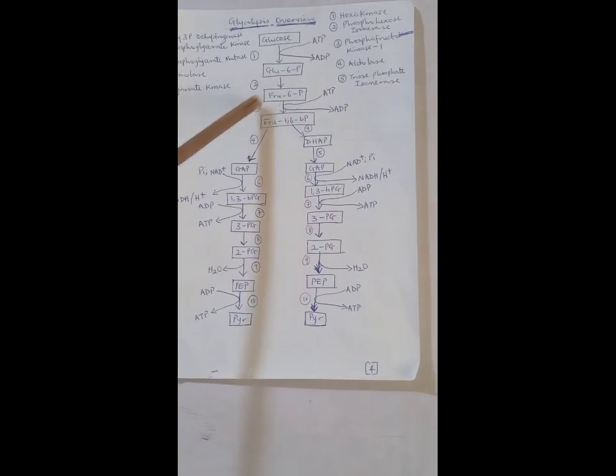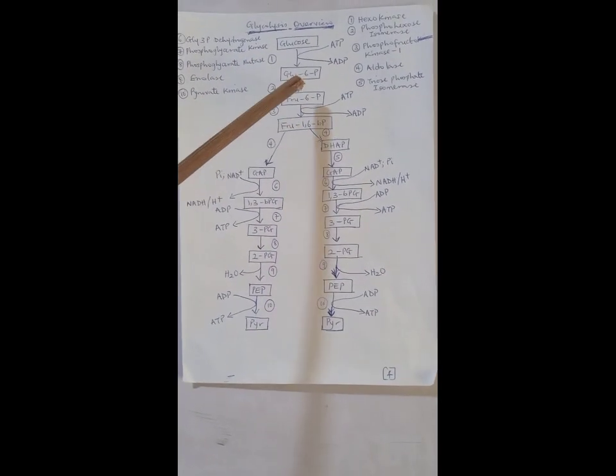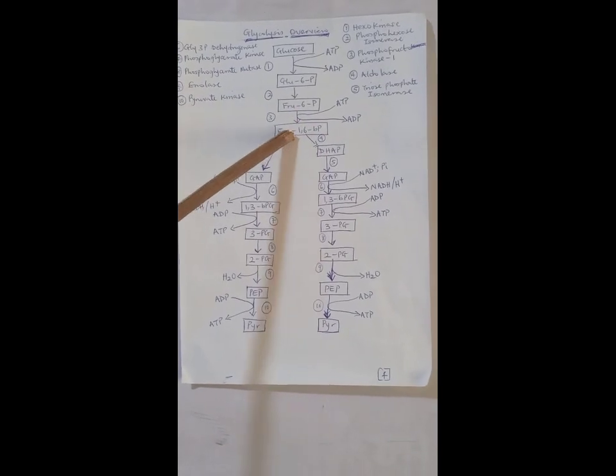Phosphofructose kinase 1 is another kinase enzyme, just as hexokinase in step 1. In step 3, another kinase comes in and uses the inorganic phosphate produced from the conversion of ATP to ADP, and that inorganic phosphate at this time is attached at carbon 1 of the fructose molecule, thereby giving you fructose 1,6 bisphosphate.